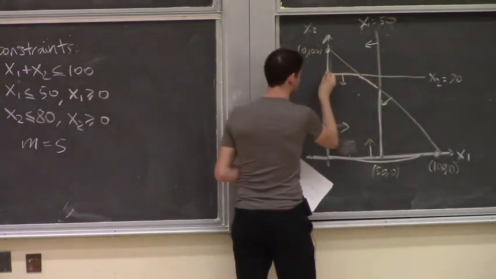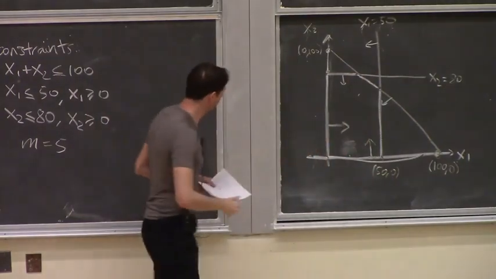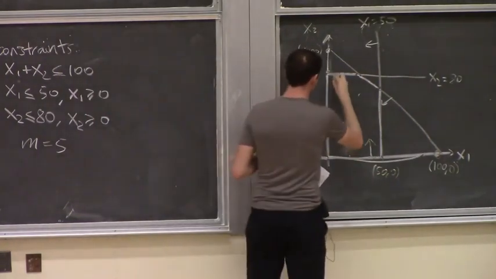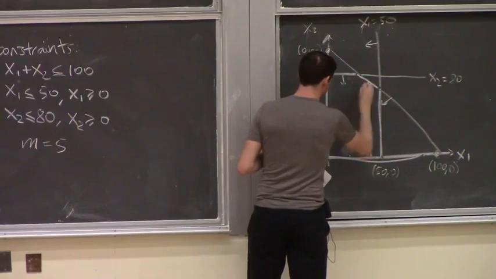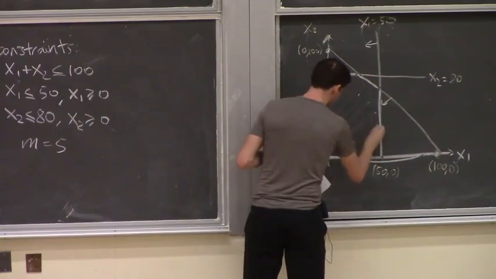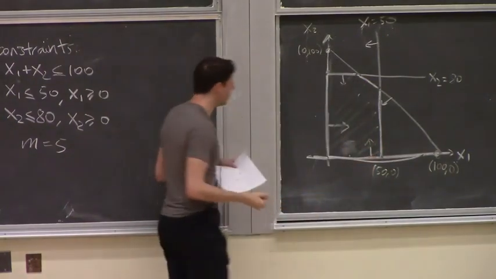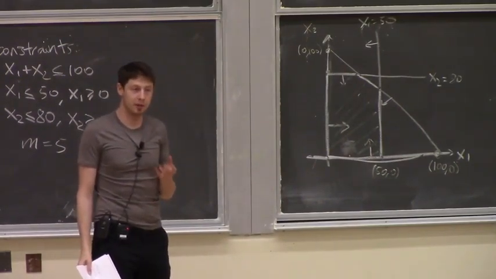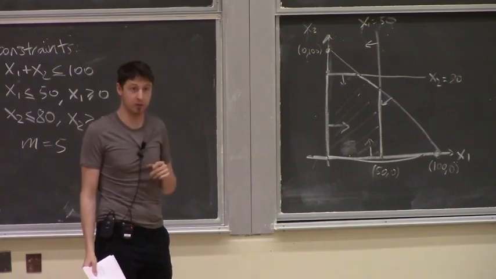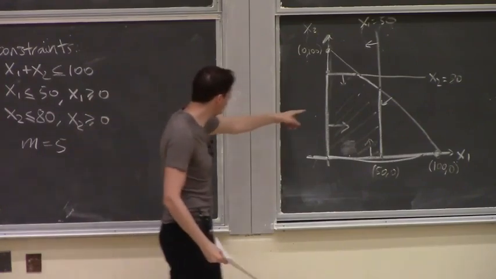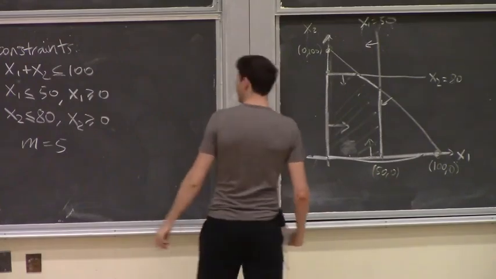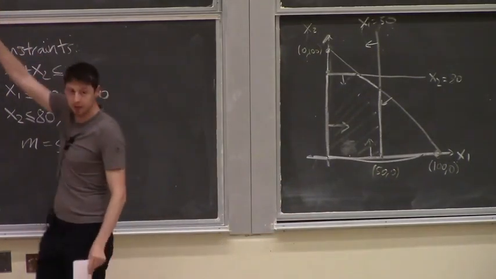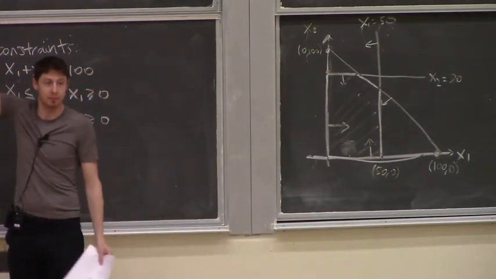It's this almost rectangle. Maybe let me draw it a bit. These are all the solutions that we're allowed to consider for the purpose of maximizing our objective function. Any point here is a choice of what to put in the cart that makes sense for the problem.